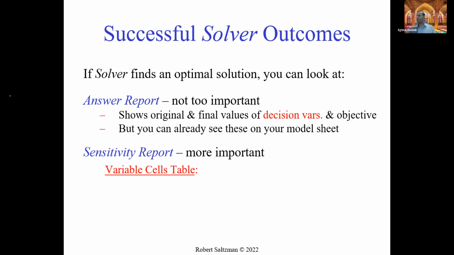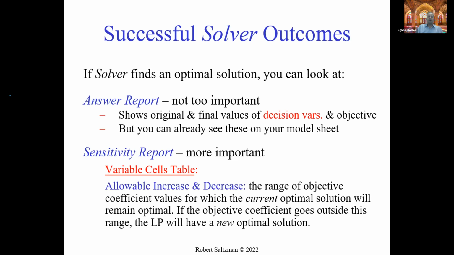For example, what if the price of stock A, instead of $4, jumps to $5? How would that affect and impact your decision making and optimal solution, and the rest of it? So we're gonna do more of this analysis and sensitivity analysis next week.